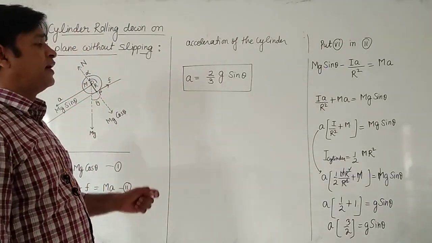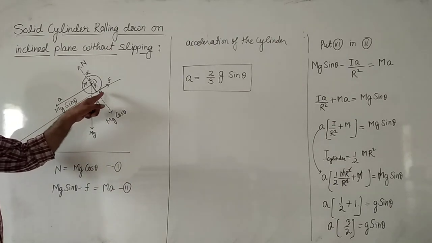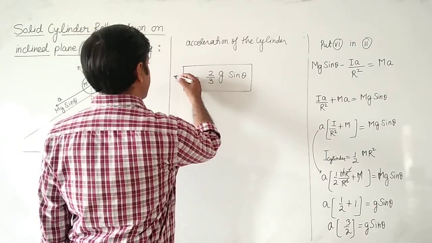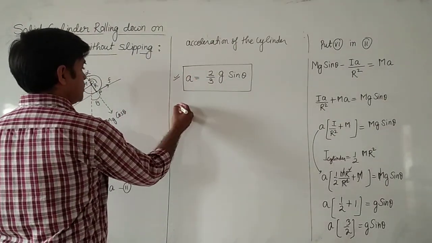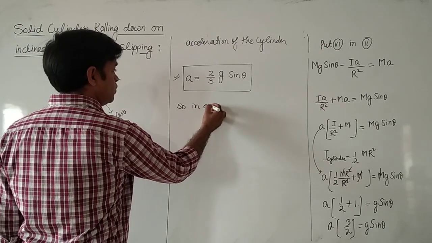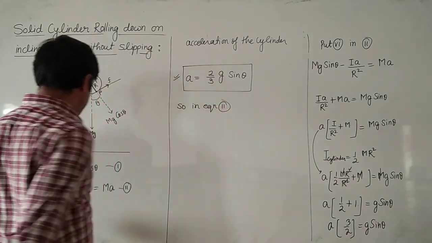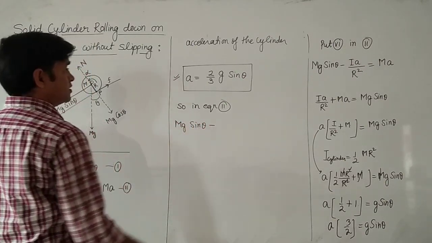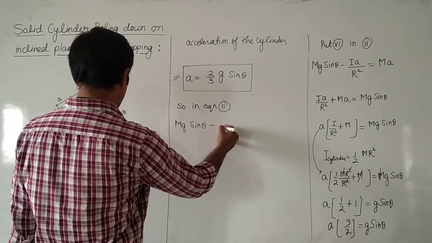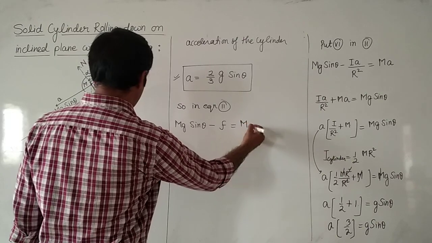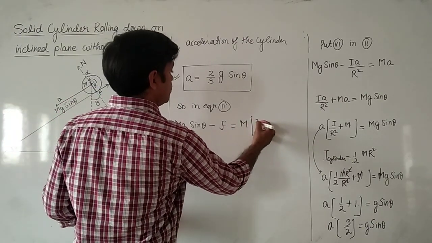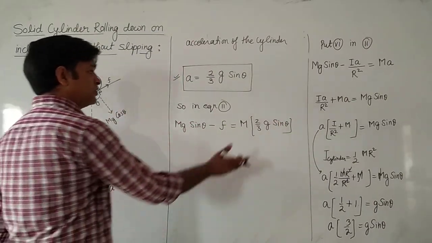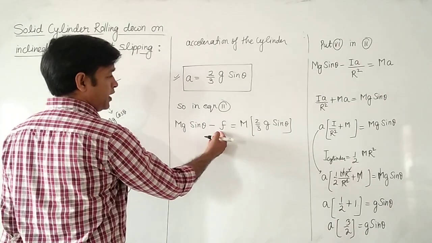Now similarly we can find the friction between these two surfaces. Put the value of a in equation 2. So mg sin theta minus F equals m a, which is 2 by 3 g sin theta, right? This value is taken to the left side and F to the right side.